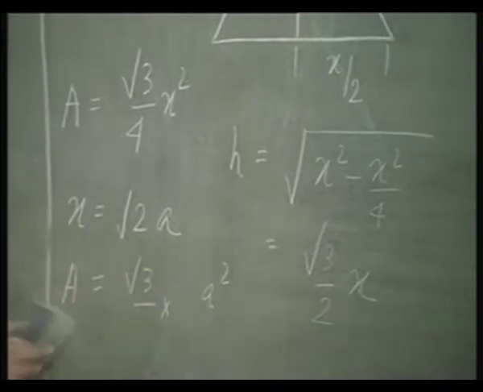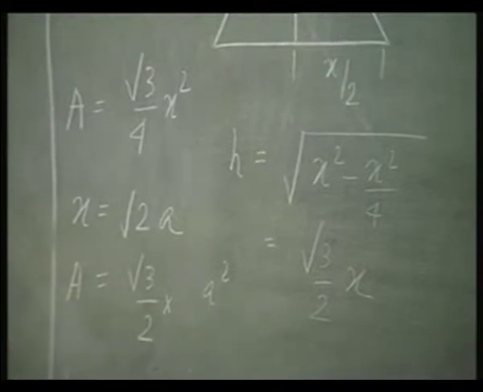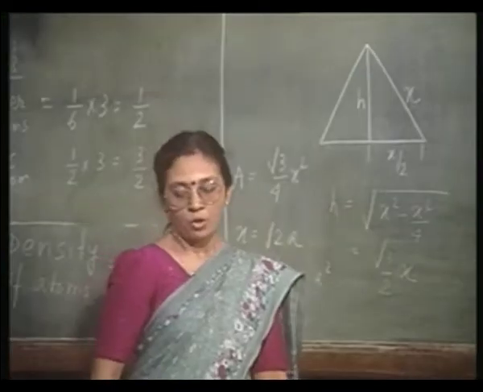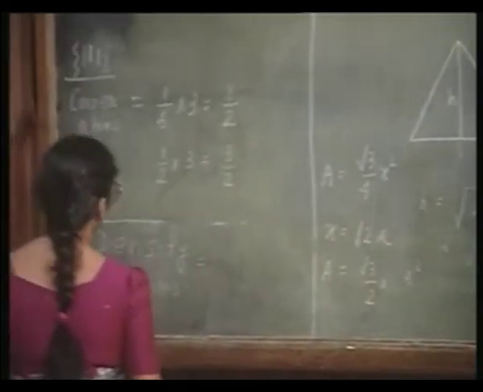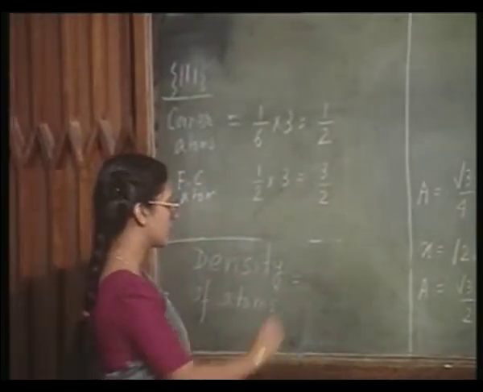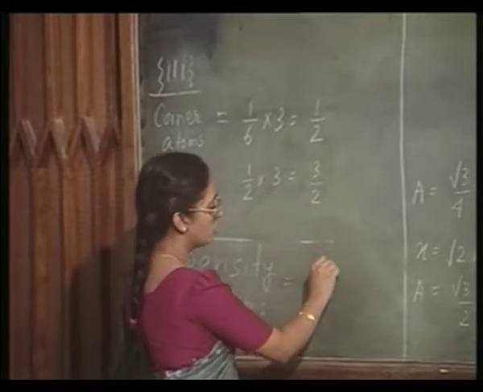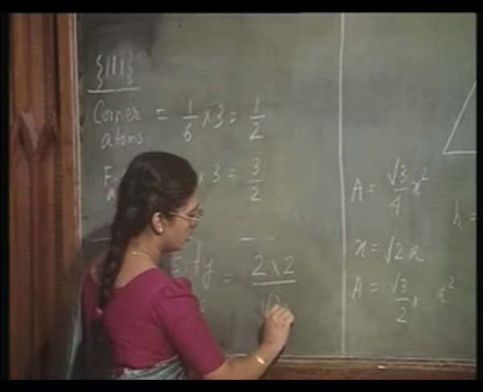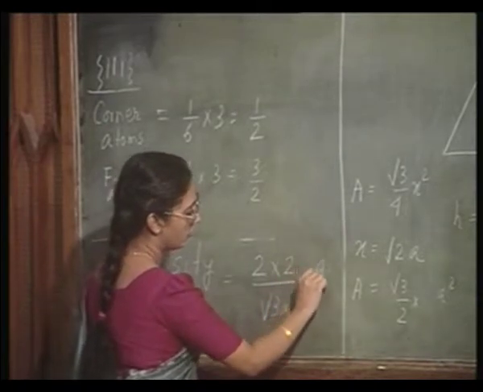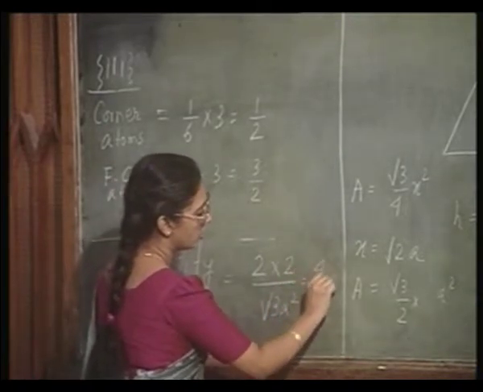So, root 3 by 2 a square. Okay. So, you see the density of atoms therefore, is going to be 2 into 2 by root 3 a square, that is 4 by root 3 a square.